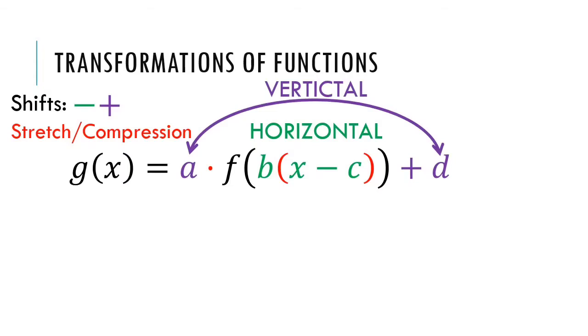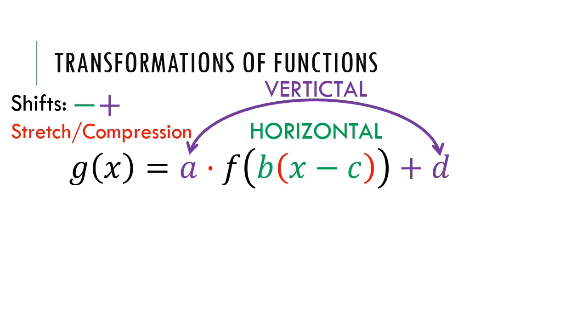Before we do that, let's take a quick review of transformations. All our horizontal transformations occur inside the function, and all of our vertical transformations occur outside of the function. The thing that's multiplying the parent function will stretch it, and the things that are adding or subtracting from the parent function will shift it.